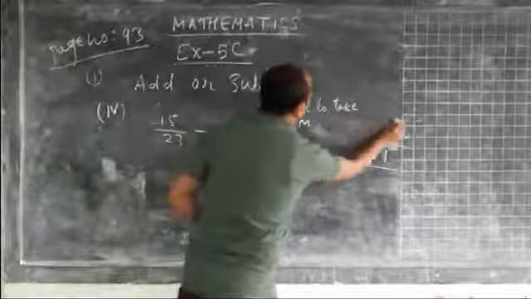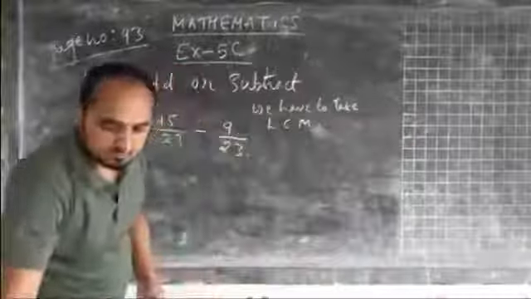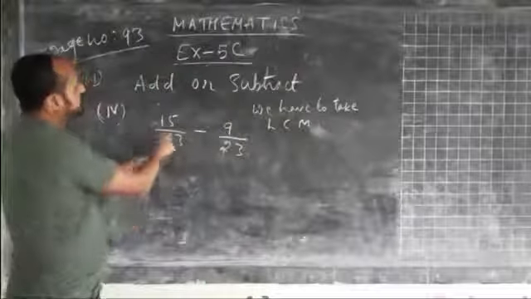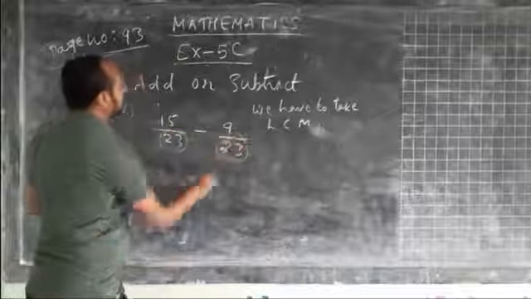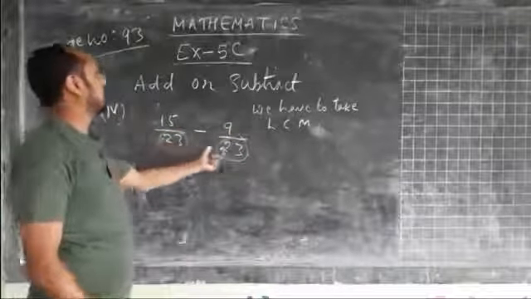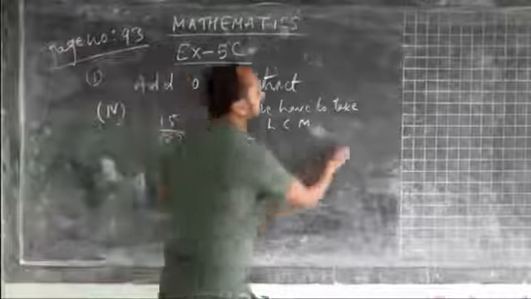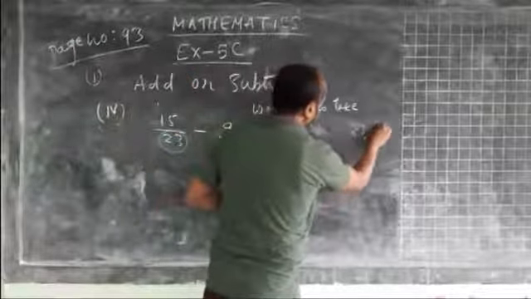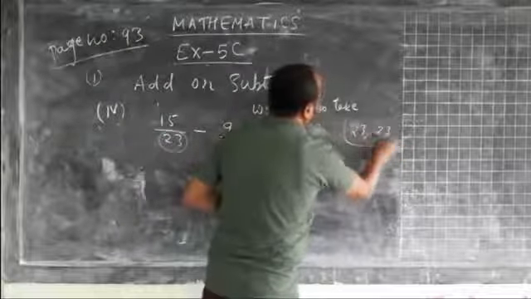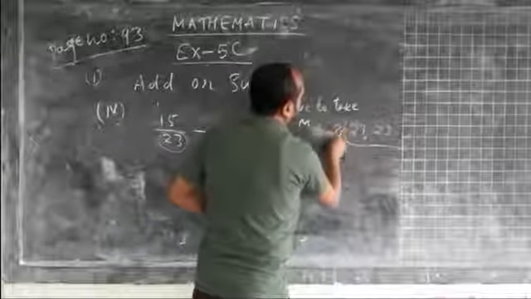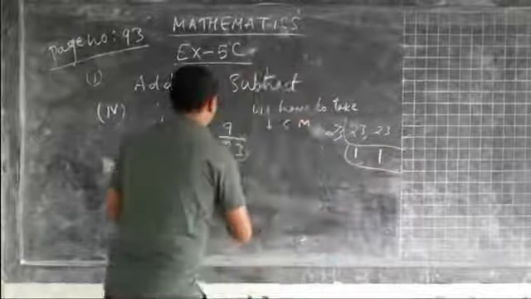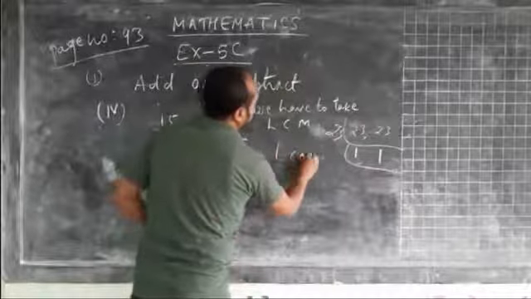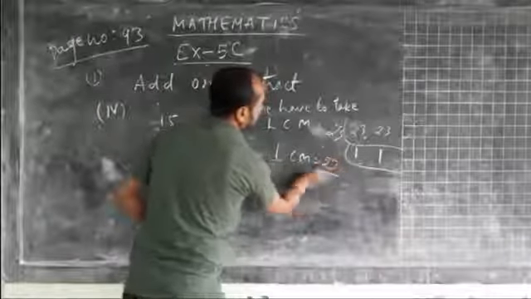Now again here we have to take the LCM. We can see that in both the cases these are like terms because the denominators are same. So again we will take the LCM of 23. 23 ones are 23, 23 ones are 23. Therefore LCM equals 23.